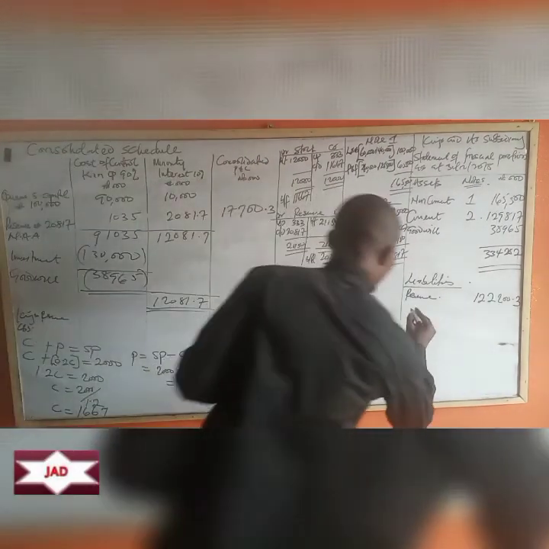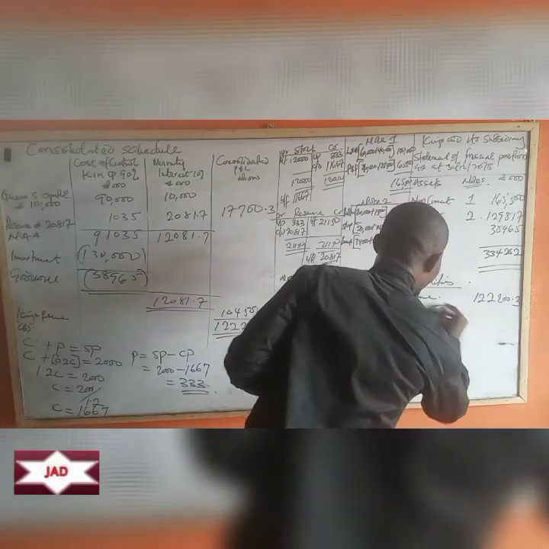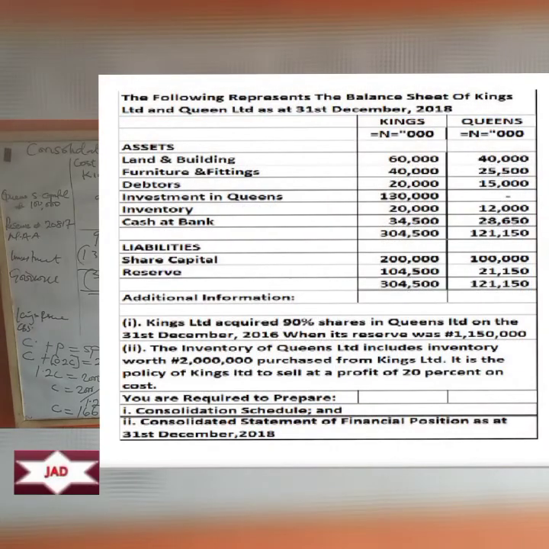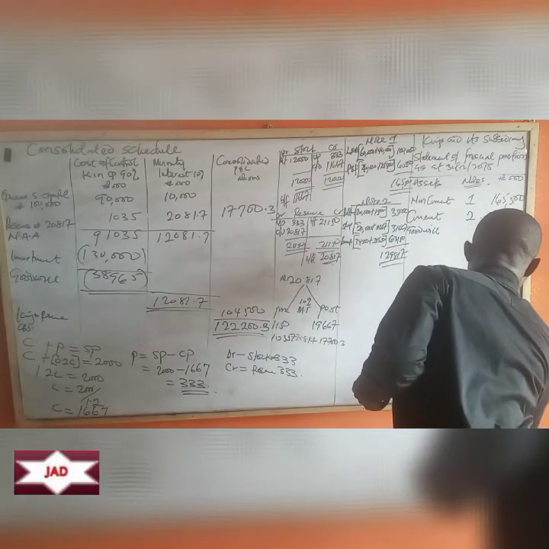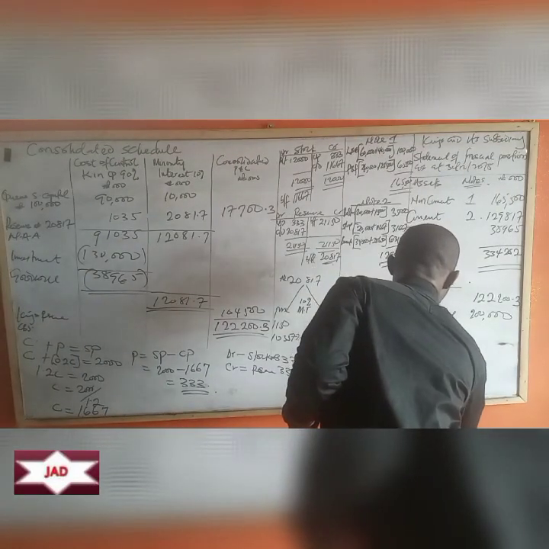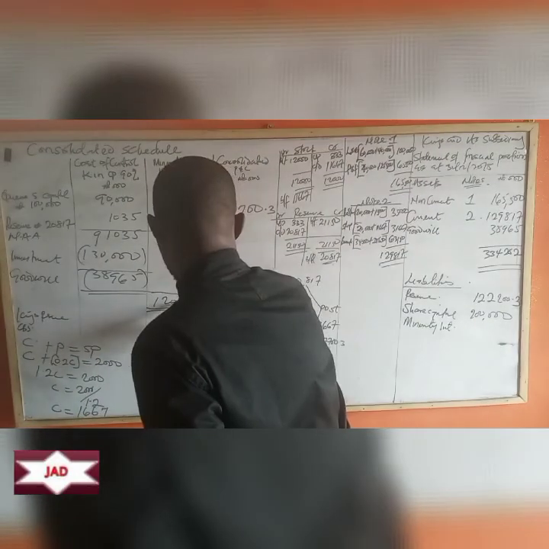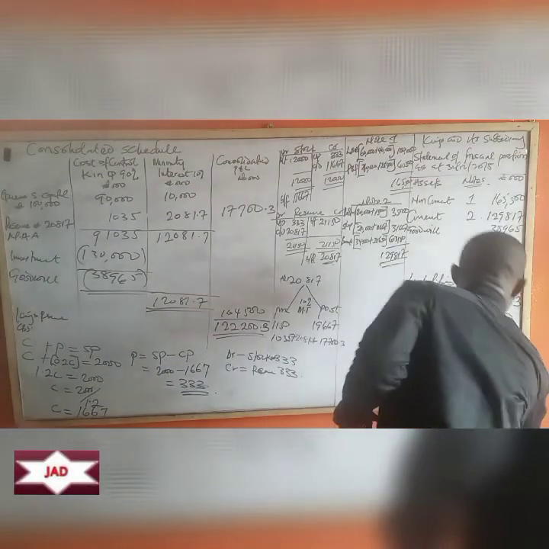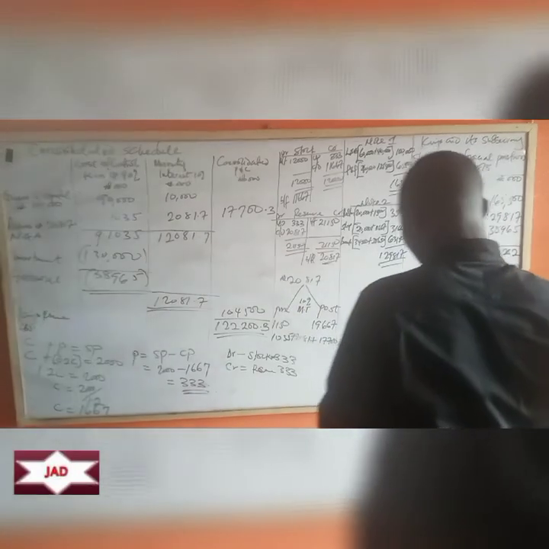So what else? Our share capital. What's our share capital? Share capital here is 200,000. So what's our minority interest? 12081.7. So let's add up.